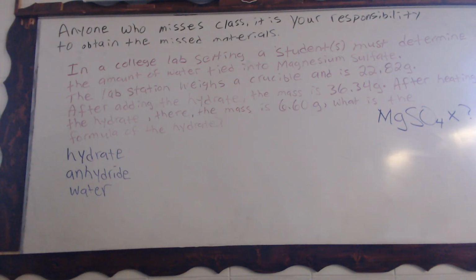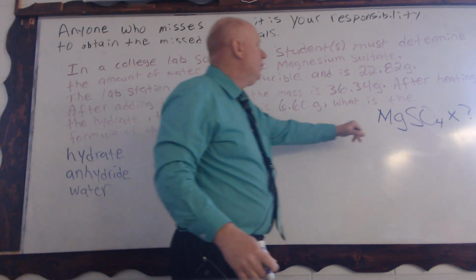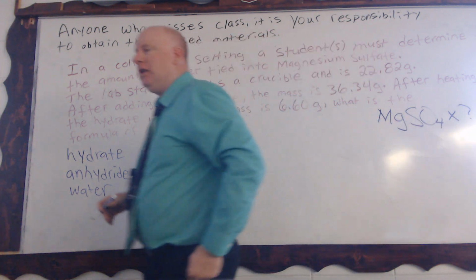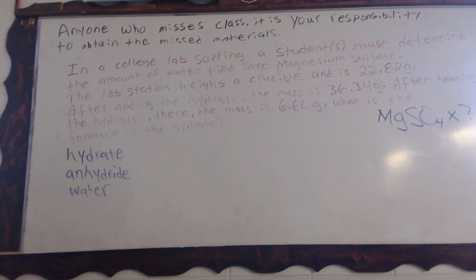So then, if the hydrate is this with however many moles of water, what is the anhydride, do you think? Hydration is adding water, so then anhydride must be just the opposite. It would be what's left over after you've driven the water off.